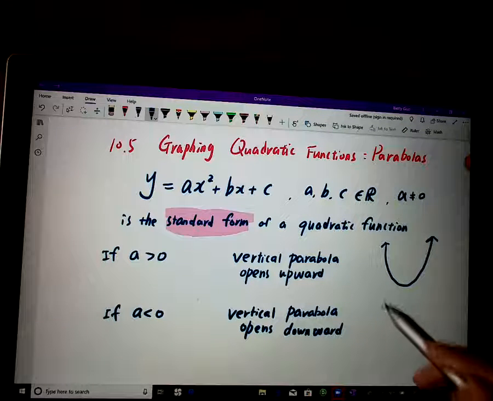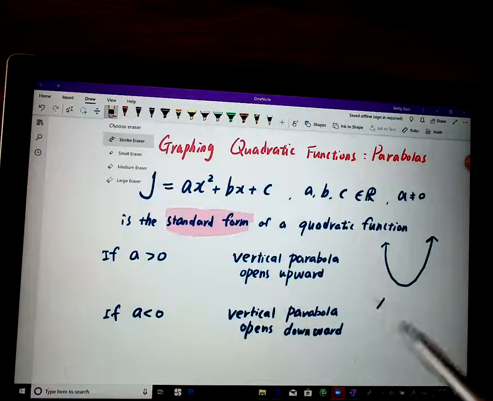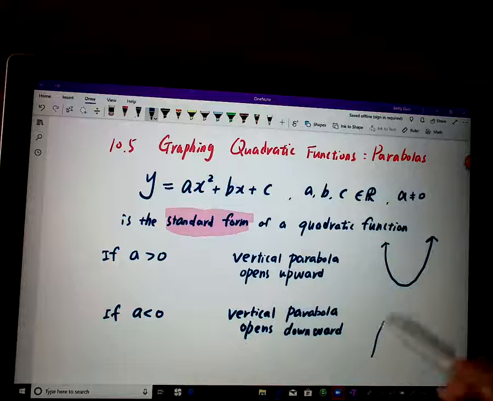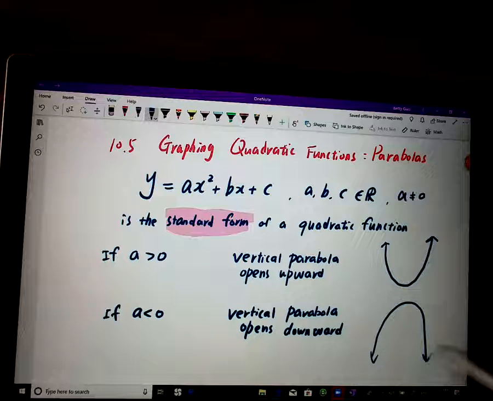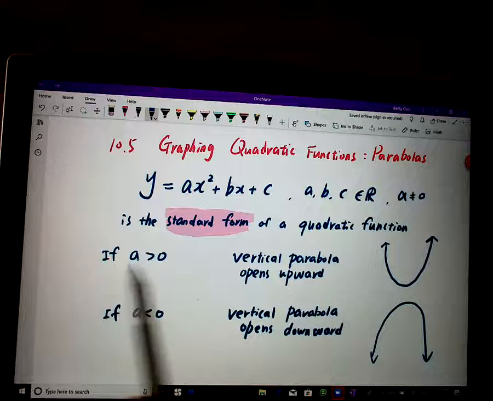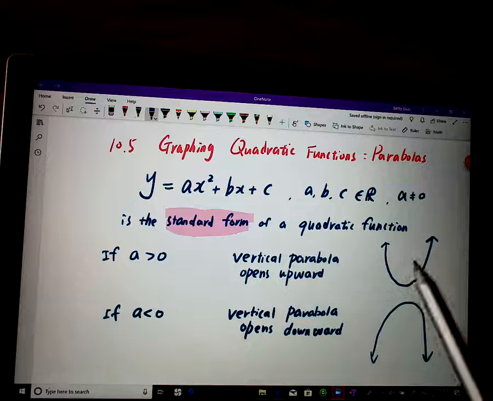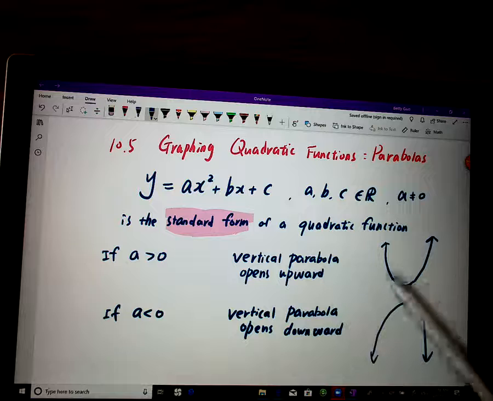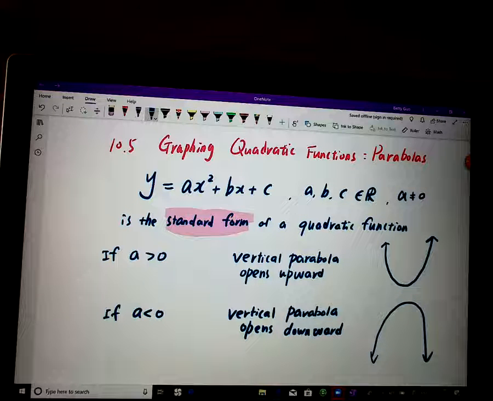The parabola is going to look like this. I'm going to explain in a moment why the sign, positive or negative, of the leading coefficient determines whether the parabola opens up or opens down. I'll explain later.